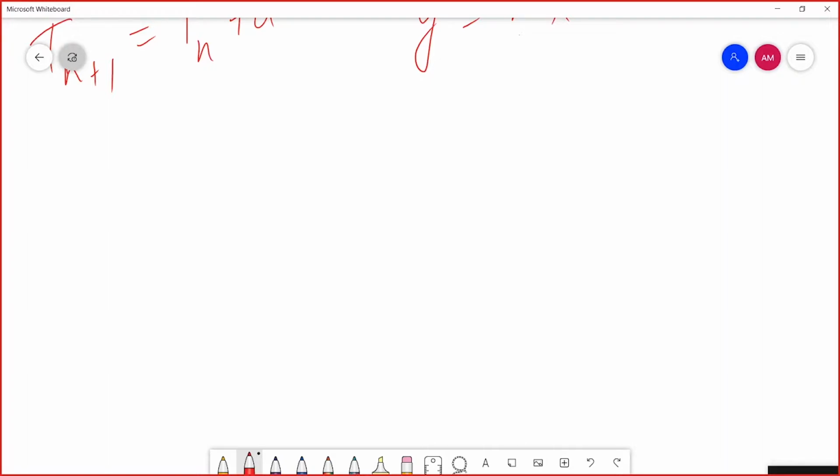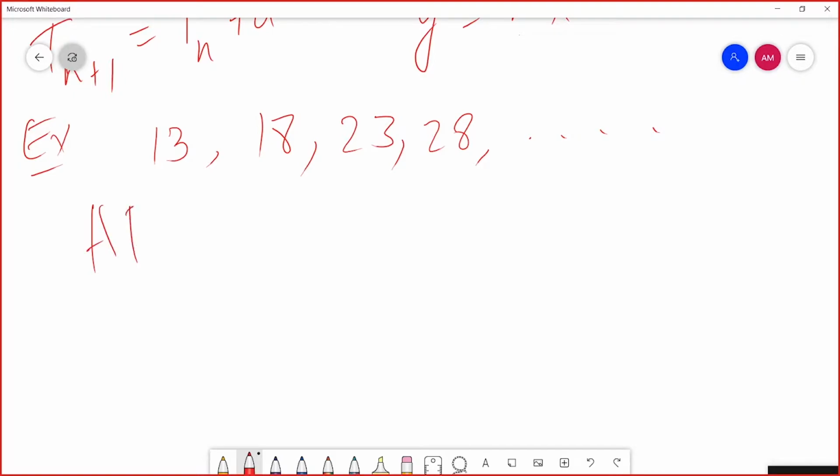If I write a sequence 13, 18, 23, 28, and so on, can you tell me whether it is an arithmetic progression or not? Yes, because it's increasing by a constant. And what is that constant? 5. Very nice.